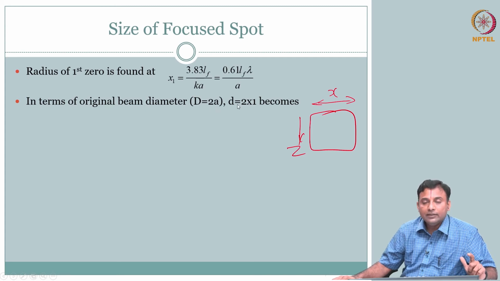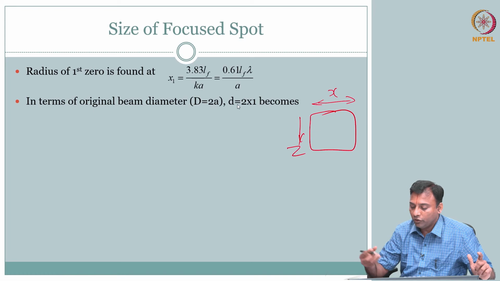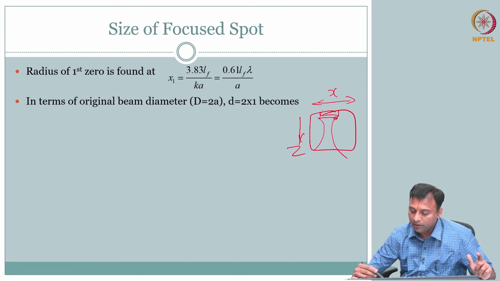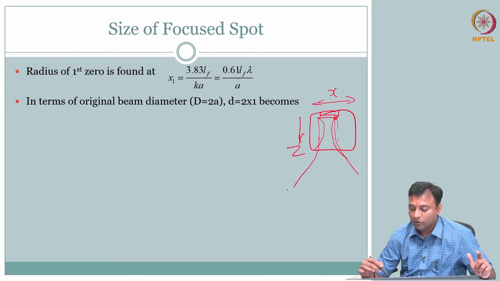So your width, right, it is trying to focus. This was your transducer, there is a lens, and this lens is trying to focus. It would have diverged before, it will be parallel like this, and then it will diverge. This is what we had before. We wanted this divergence to be less by having a transducer of larger dimension, but if you do that, you will have more area.